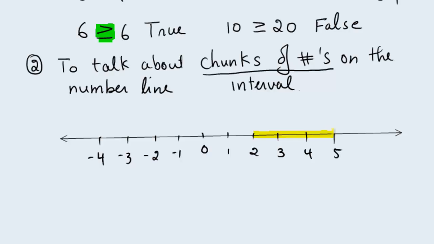Or I may be interested in all the numbers that fall between -4 and 2. Maybe I'm interested in all the numbers between 6 and 7. Who knows? But either way, it all depends on the problem situation. So how do I represent these chunks of numbers in mathematics?